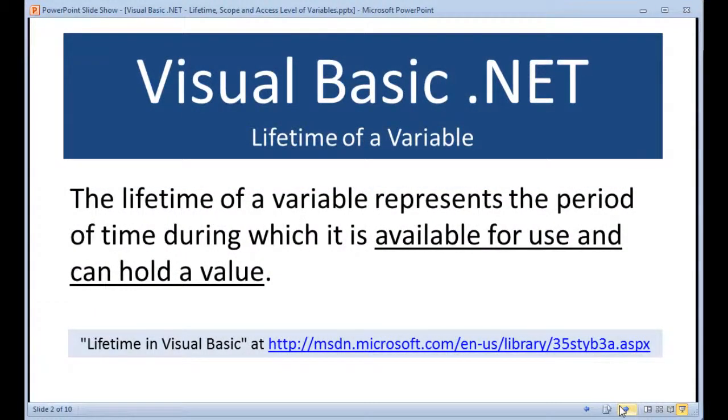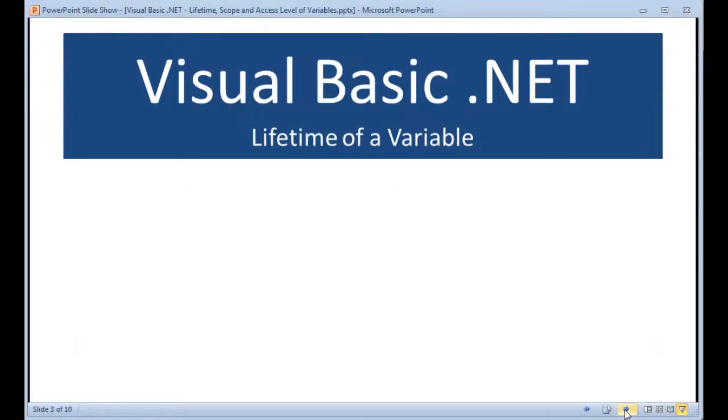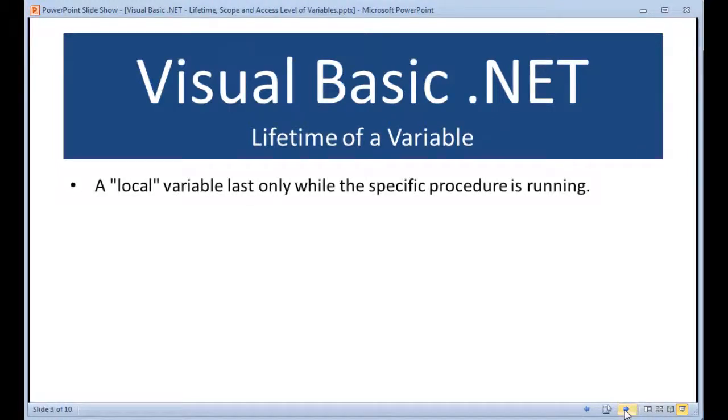First of all, let's look at the term lifetime of a variable. The lifetime of a variable represents the period of time during which it is available for use and can hold a value. That sounds pretty basic, but let's see how we further understand it.